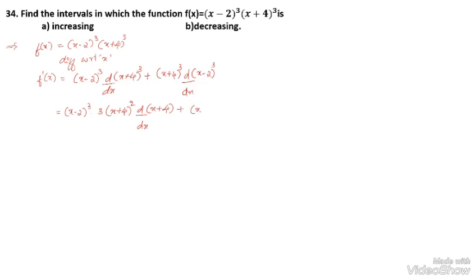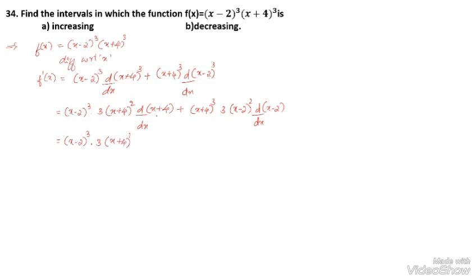Next, for x minus 2 cube, differentiating the function gives 3 into x minus 2 square. In place of x we have x minus 2, that's why I am taking the differentiation of x minus 2 again. Now x minus 2 cube into 3 into x plus 4 whole square.